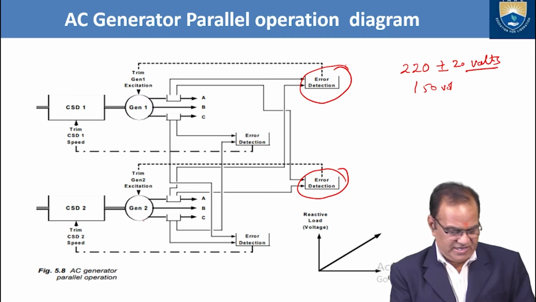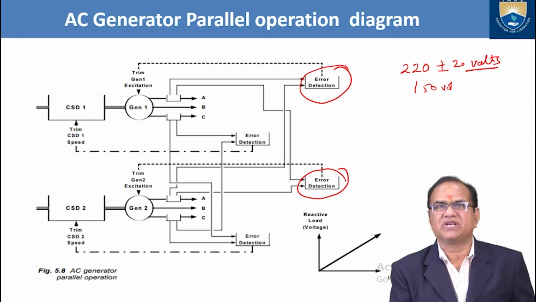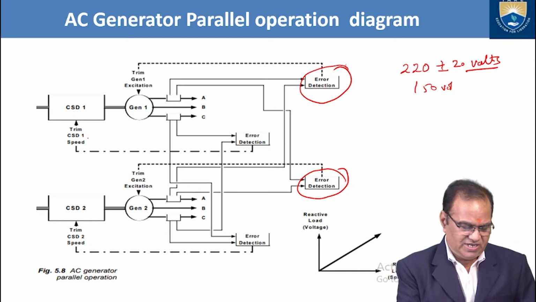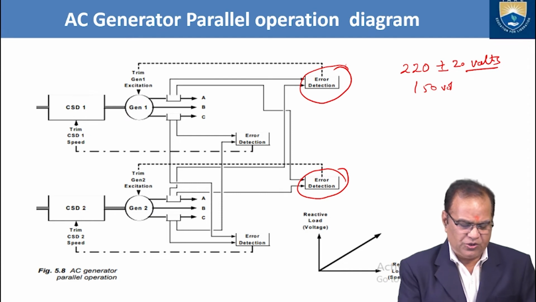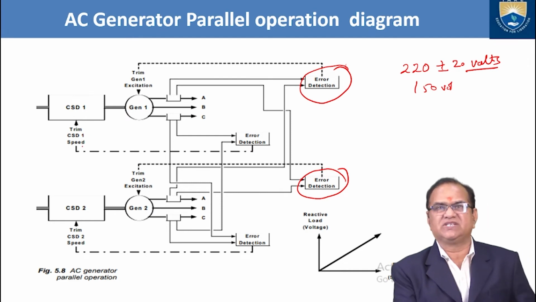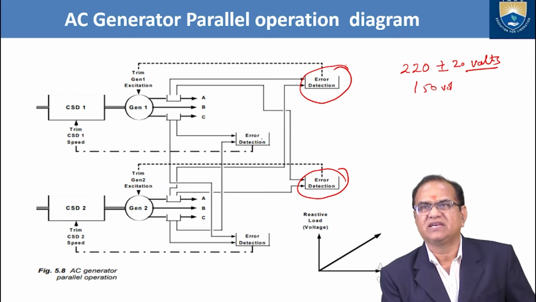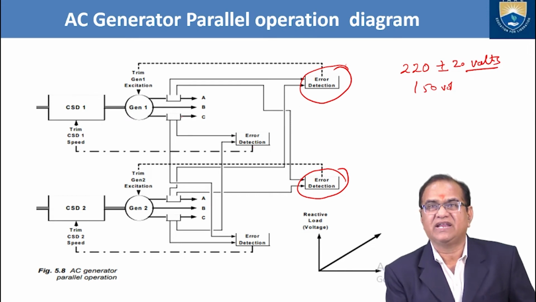So here is the AC generator parallel operation. Here are CSD1 and CSD2, with the trim of CSD1. You can see error detection here and error detection here also. This will go to this, and from here also this will go to this.